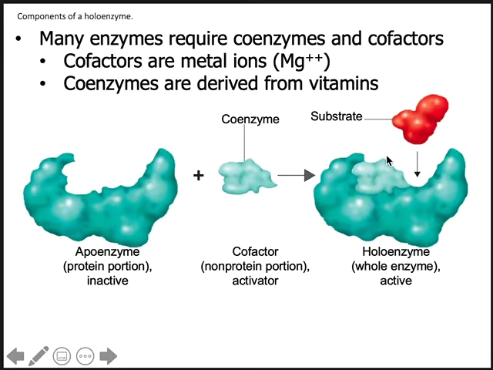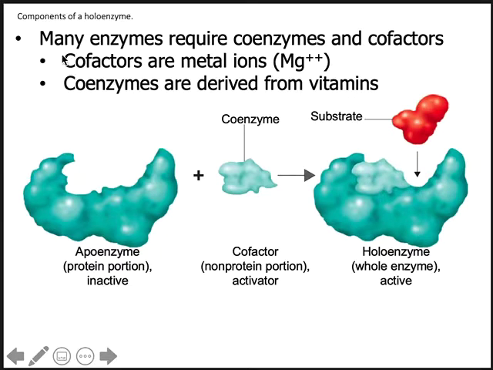So if you don't have this coenzyme or cofactor, then you won't be able to have binding between the substrate and the enzyme's active site. So once you have all of the components, then we call it the holoenzyme, which just means whole enzyme.